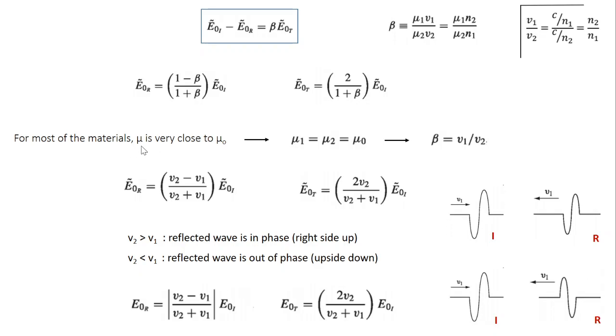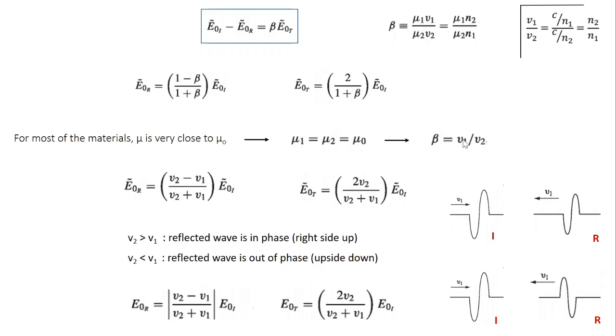We know that for most of the materials, the permeability is close to the permeability of free space. You can write mu1 equal to mu naught, mu2 equal to mu naught. So in the expression for beta, since mu1 and mu2 are essentially equal to mu naught, you can cancel these two.